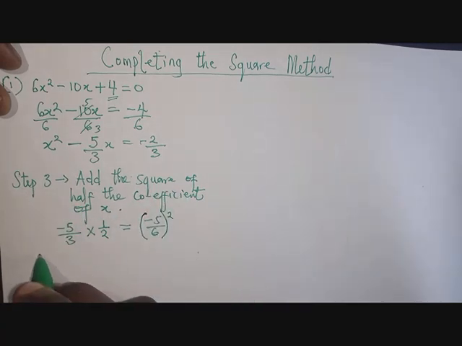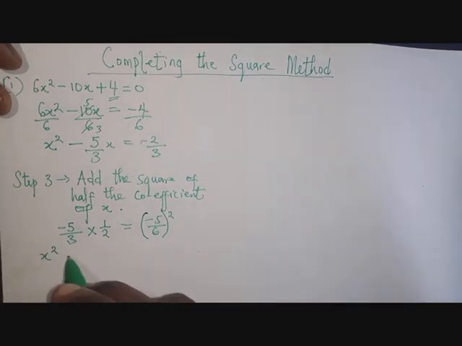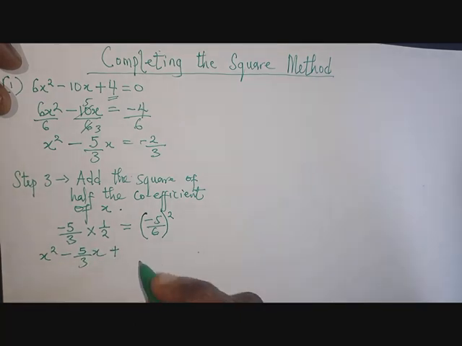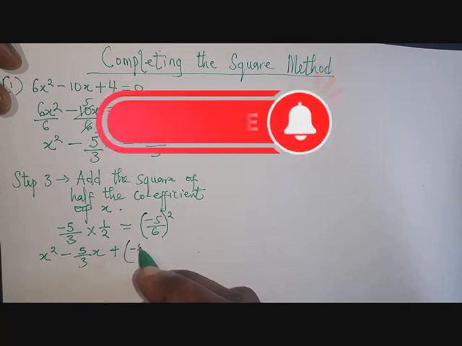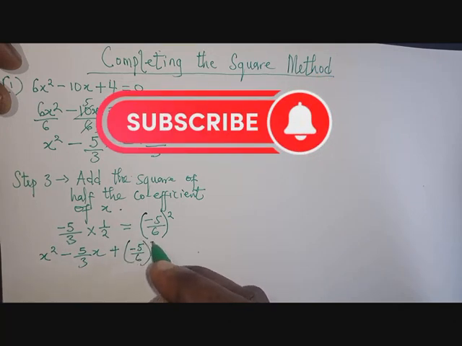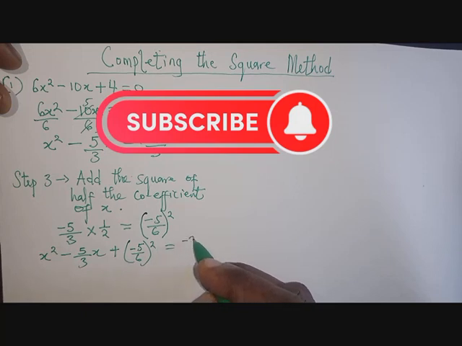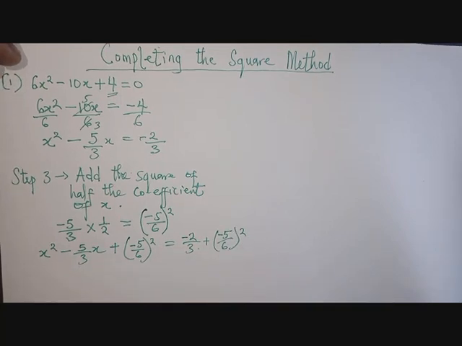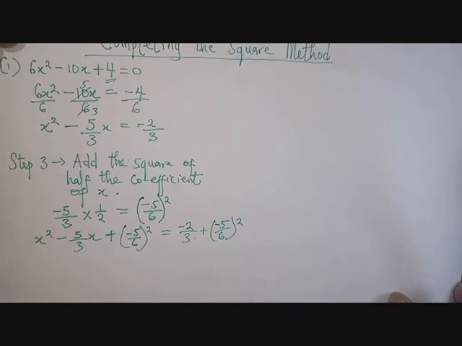So adding it to both sides makes our equation x squared minus 5 over 3x plus (minus 5 over 6) squared equals minus 2 over 3 plus (minus 5 over 6) squared. Now, the next thing we do is to open up these brackets.